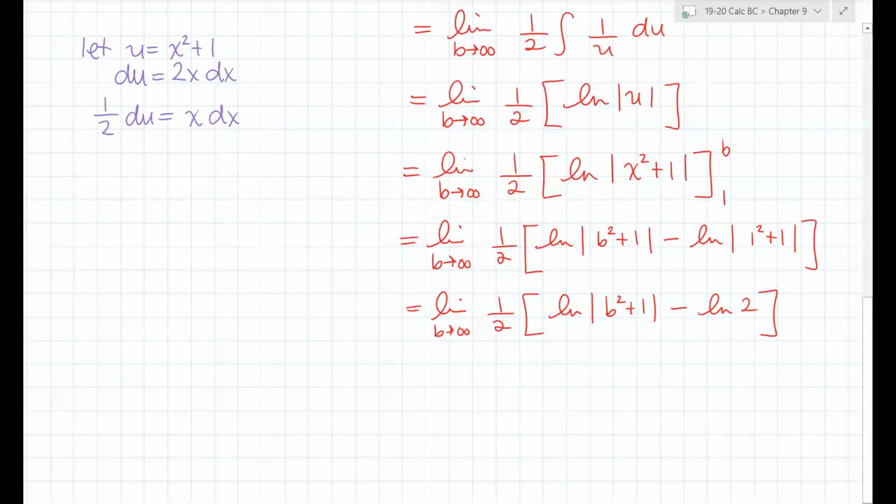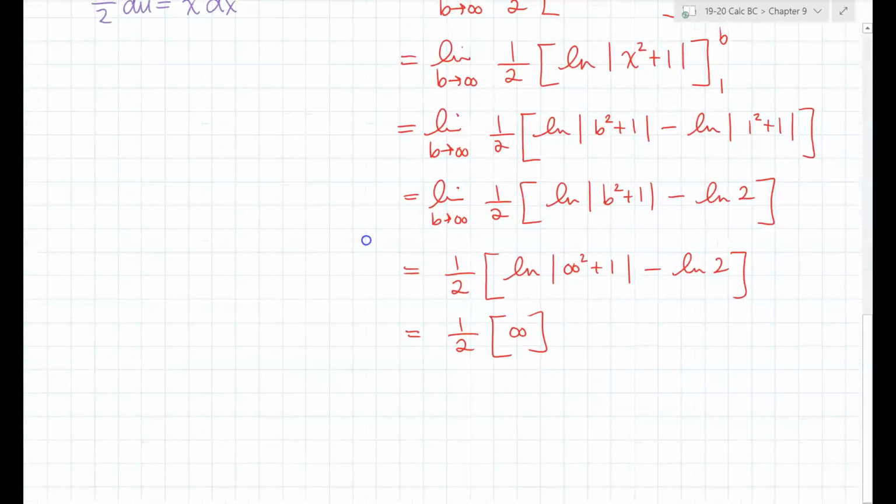So apply the limit to it, and we're going to get 1/2 ln of infinity squared plus 1 minus ln of 2, which is basically half of infinity, which is infinite.